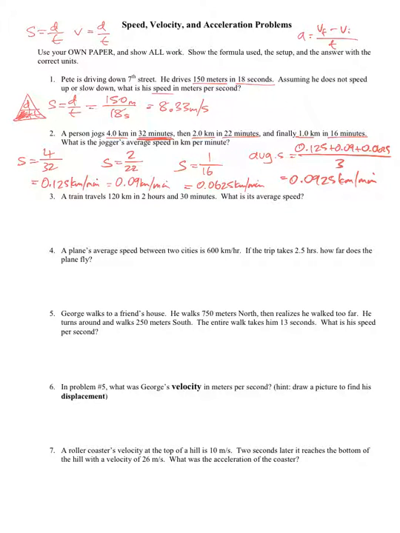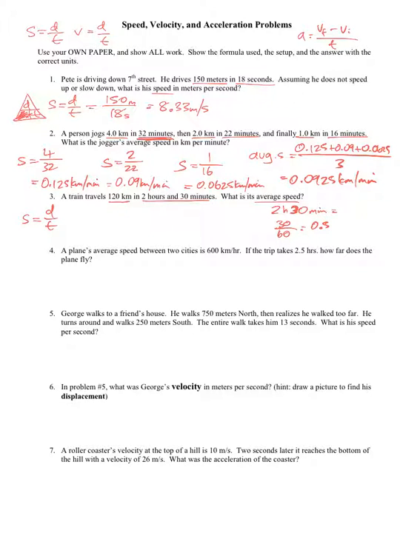A train travels 120 kilometers in 2 hours and 30 minutes. What's its average speed? So I was looking for the speed, which is distance over time. 2 hours and 30 minutes. We can't write 2.30 because 30 minutes is not 0.30 of an hour. How do you work out what the fraction is? 30 divided by 60, because there's 60 minutes in an hour, and that comes to 0.5.